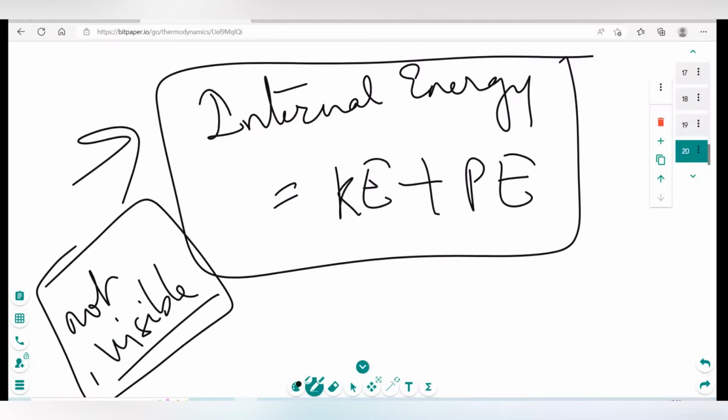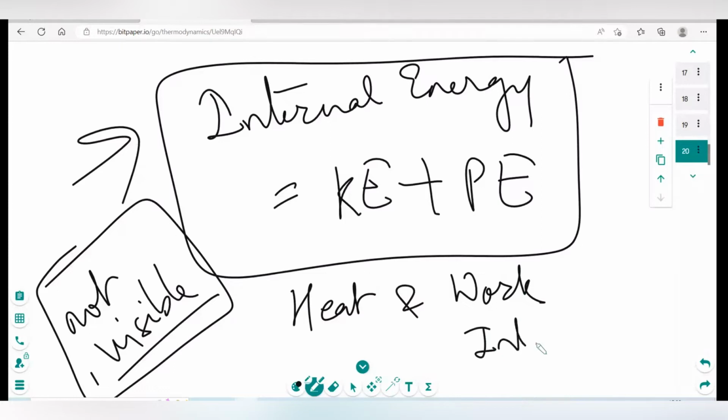So basically, Swapnil, here two principles work: heat and work. These are two different modes of changing the internal energy of the system.